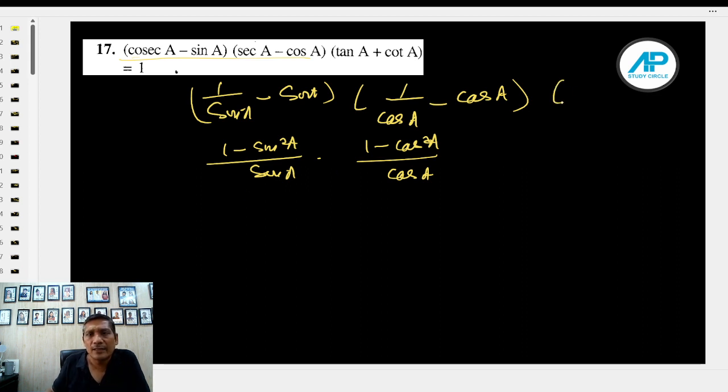And what is the third bracket left with me? I forgot that bracket. Tan A plus. So I'm dealing with the three brackets here.